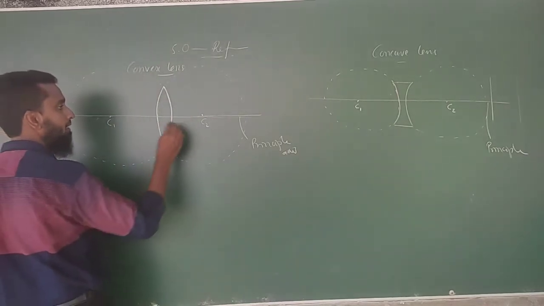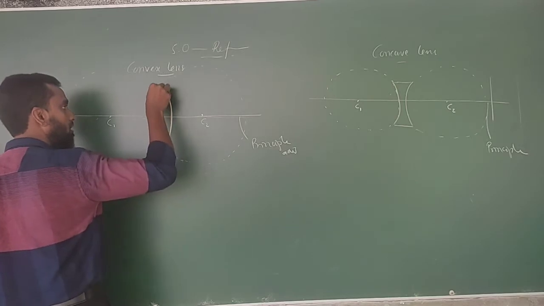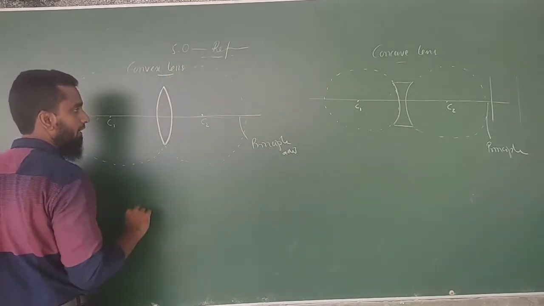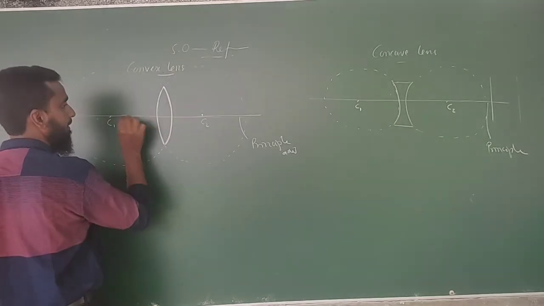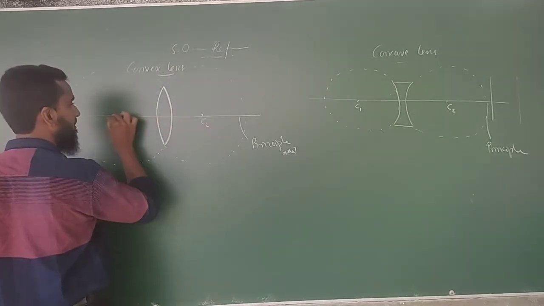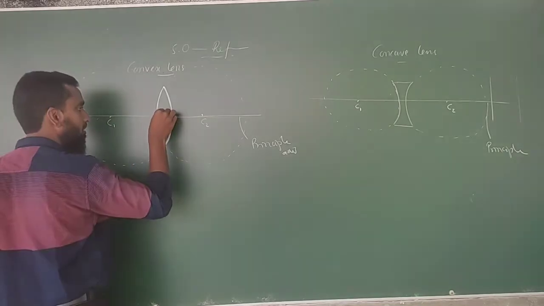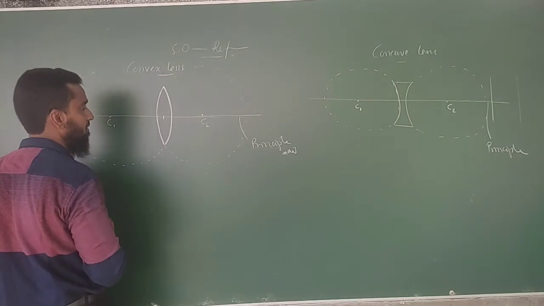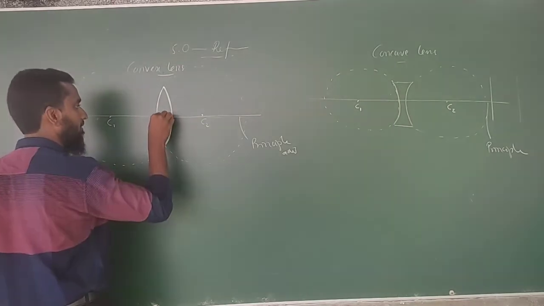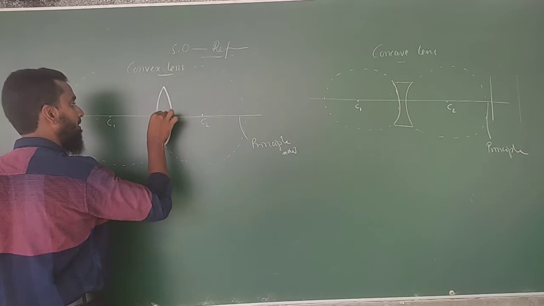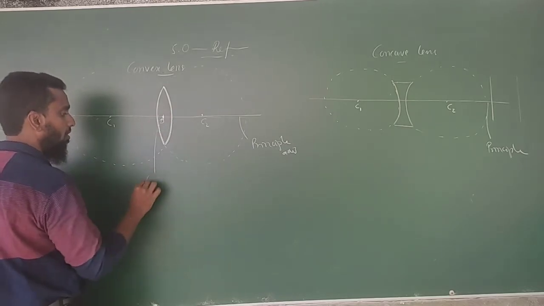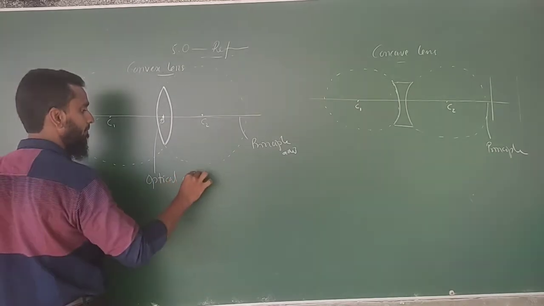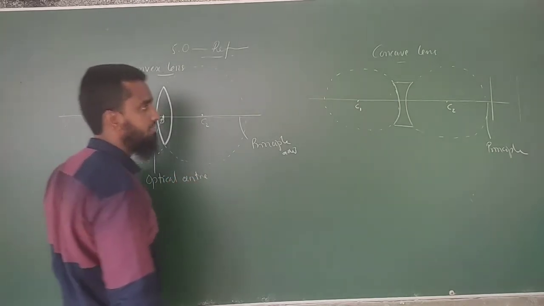The second part: if these two curves are equal, then the midpoint of these two curvatures, the midpoint of the length, not the circle, is normally known as the optical center.